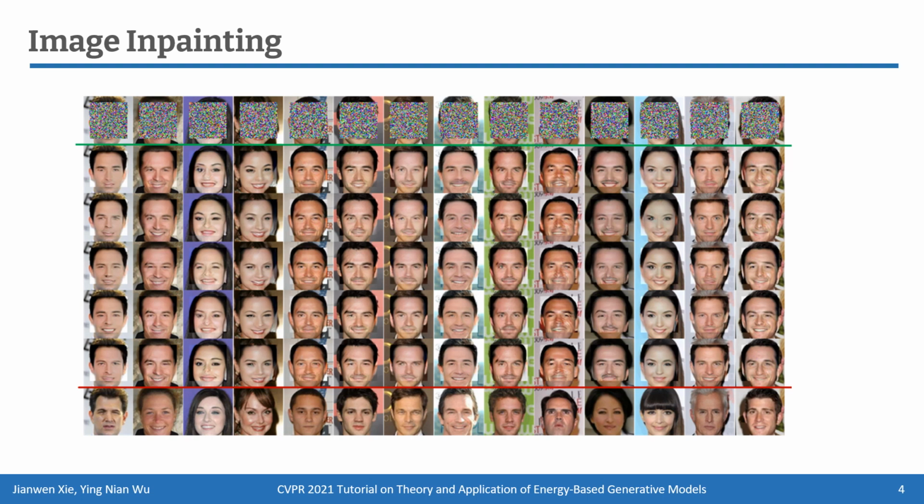In this figure, we can see that the model is very creative, in-painting diverse and reasonable patterns for each occluded image. In this example, the model is trained by a multi-stage coarse-to-fine expanding and sampling strategy. It means that we gradually expand the resolution of the energy function such that the training and sampling can be more stable.